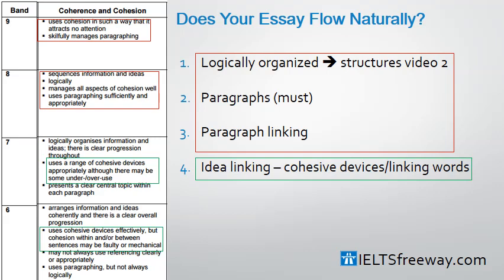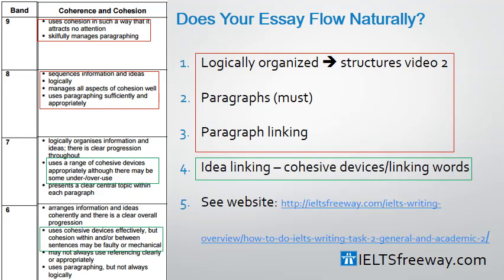Finally, you can see in the band 6 box there that it says uses referencing clearly. Basically, you need to be careful when you're using words like it, they, he, she. It needs to be clear who you're talking about.